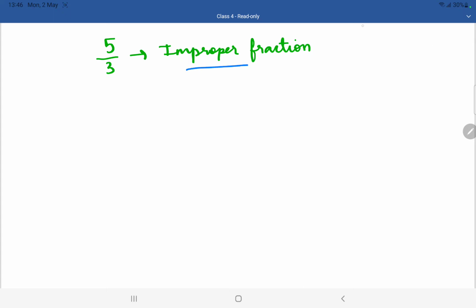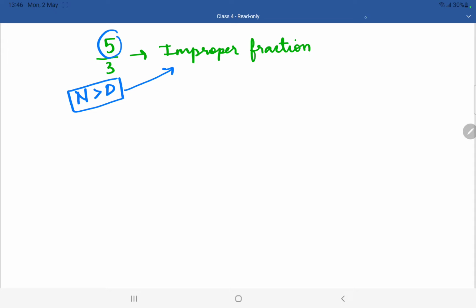Okay children? Now let us see how to convert improper fraction to mixed fraction and mixed fraction to improper fraction. So students, 5 by 3 is an improper fraction. Why? Because remember what I told you: when the numerator of a fraction is greater than the denominator, it is known as an improper fraction.